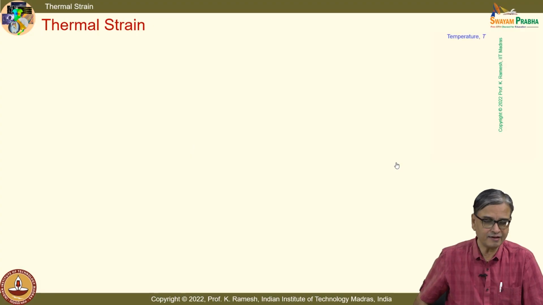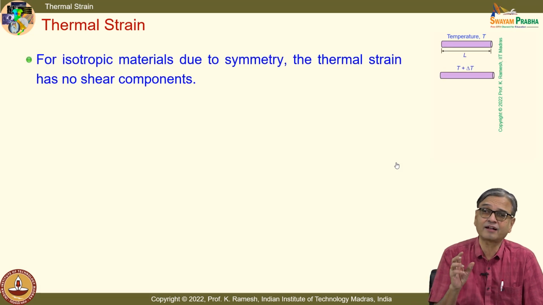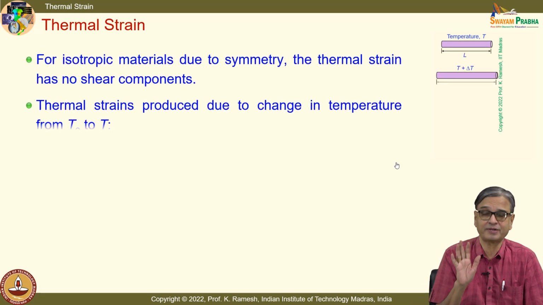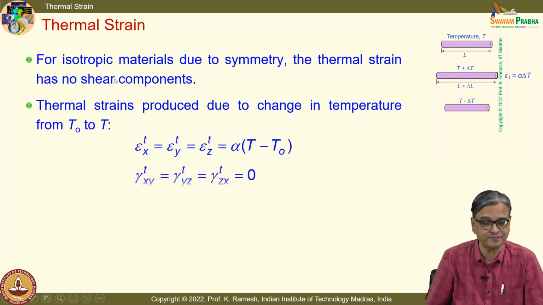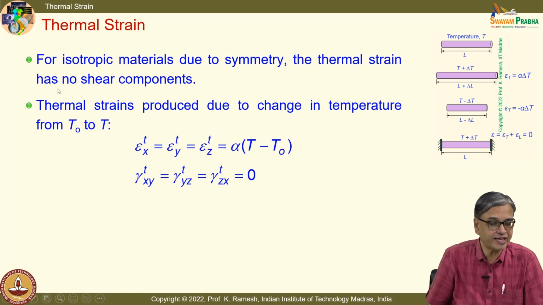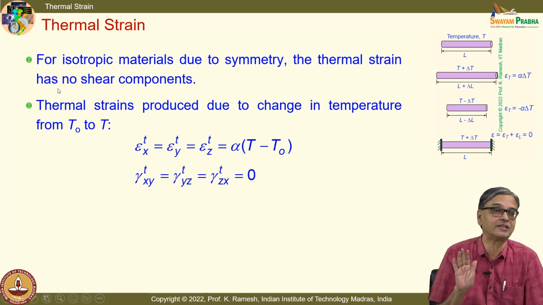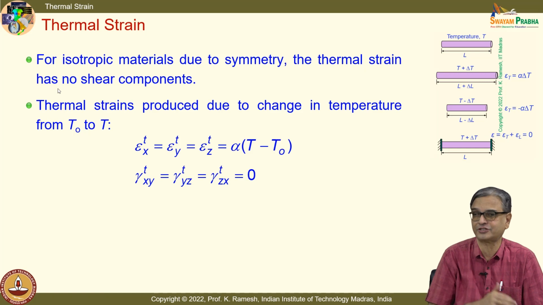And here what you will have to appreciate is we live in the comfort of isotropic materials. So, what is the greatest advantage of isotropic materials? Because of symmetry, every direction is identical from an elastic perspective. The thermal strain has no shear components. It is a great advantage.